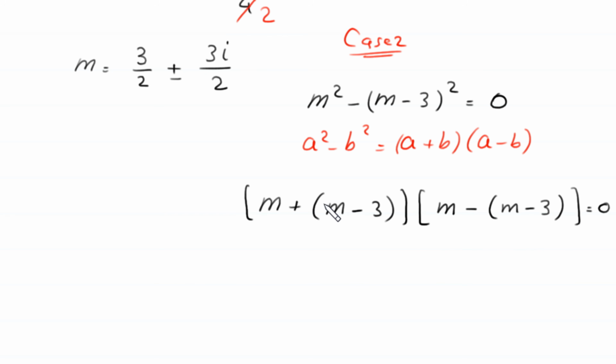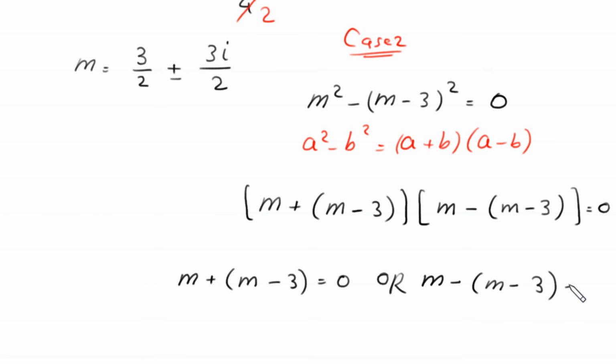From here, either this expression m + m - 3 is equal to 0 or this expression m - m + 3 is equal to 0.